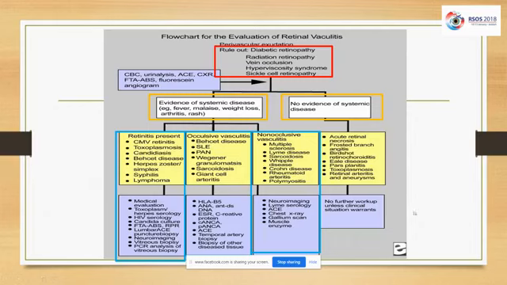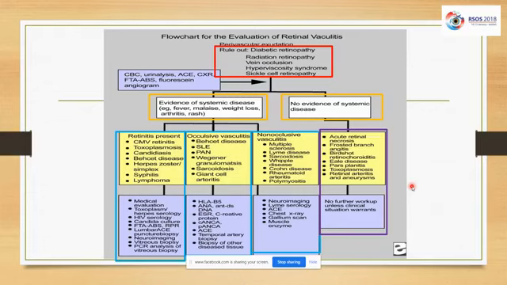If there is no evidence of systemic disease, so your diagnosis will be one of the following: either acute retinal necrosis, frosted branch angiitis, birdshot retinochoroiditis, Eales disease as an idiopathic inflammation, pars planitis, toxoplasmosis, retinal arteritis, and aneurysm.